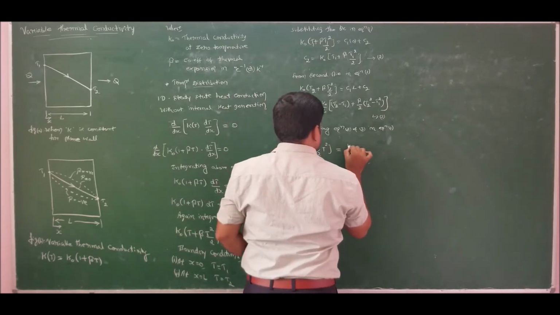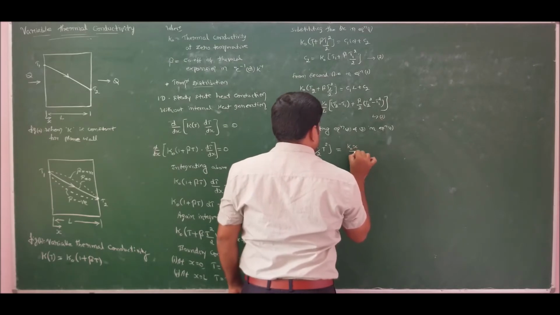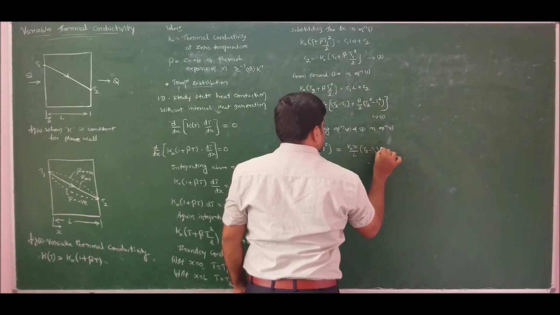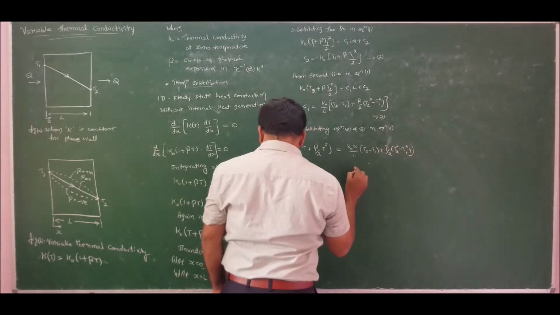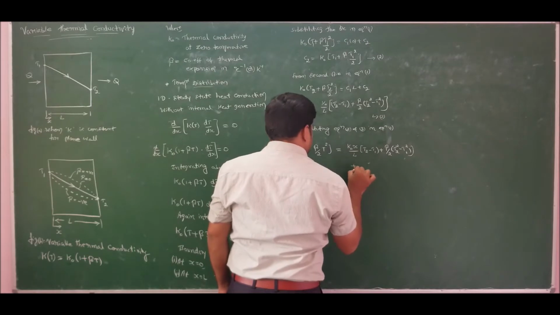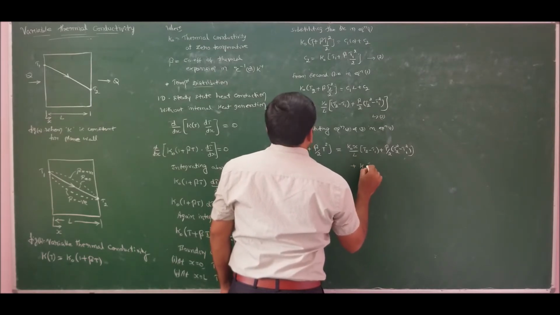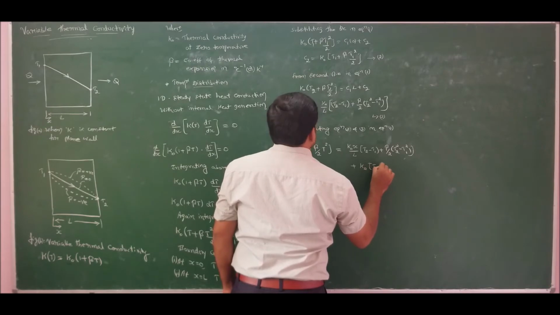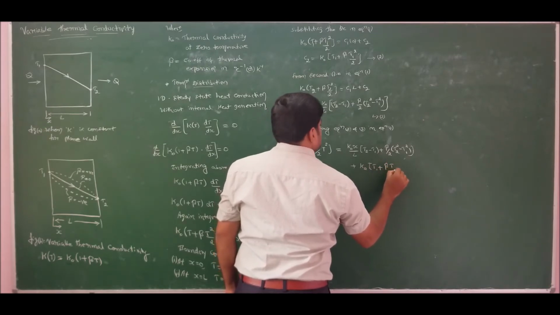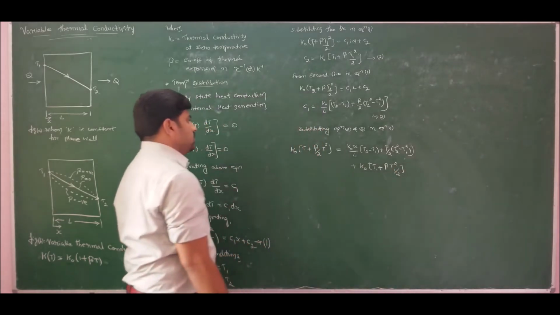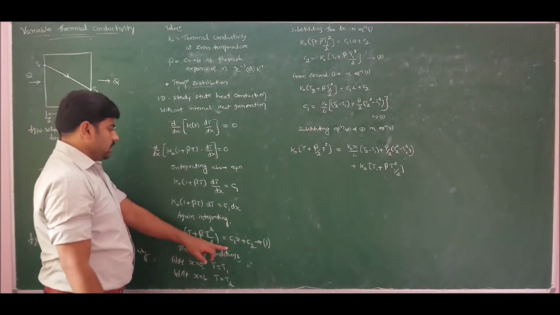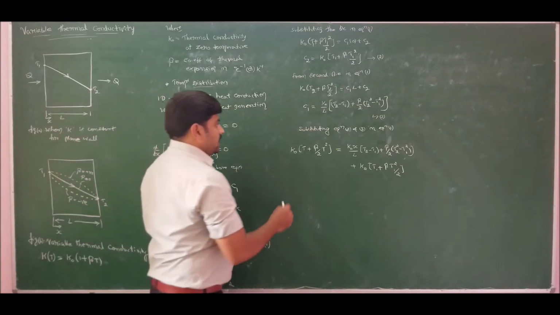So this will become k naught x by L of t2 minus t1 plus beta by 2 of t2 square minus t1 square, plus c2. c2 is k naught of t1 plus beta t1 square by 2. So this is what we have. LHS is equal to c1x plus c2.